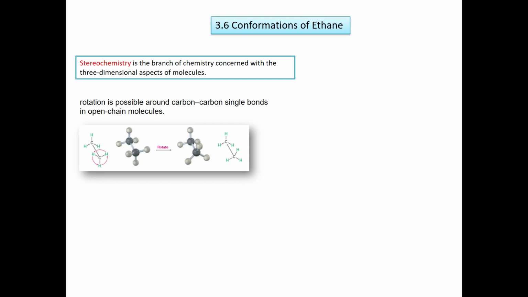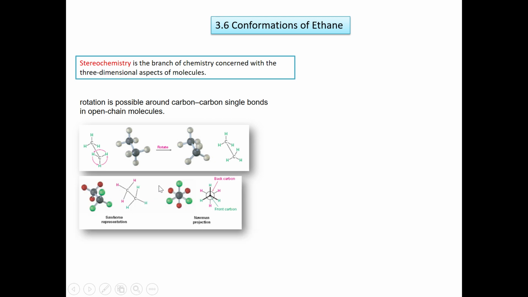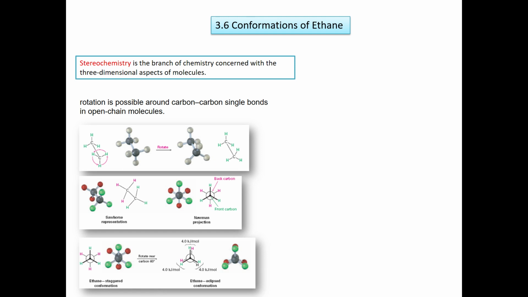When we draw ethane, if we put our eye across the carbon-carbon bond, in the same direction as the bond, we can see the hydrogens of the first carbon in the holes between the hydrogens of the second carbon, or we can see the opposite, that the hydrogens of the first carbon are just in front of the hydrogens of the second carbon.